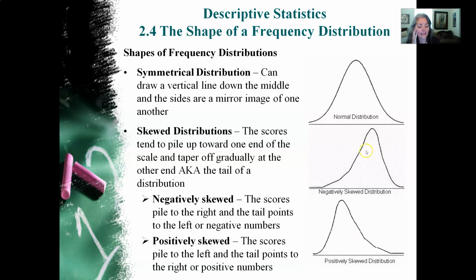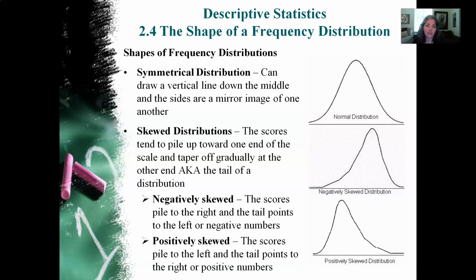And so we call that negatively skewed and positively skewed. And that typically is indicative of some sort of outlier. And we have to be careful when there's an outlier, right? Because we need to know that that mean is being pulled. It's artificially saying that it's higher than it is.